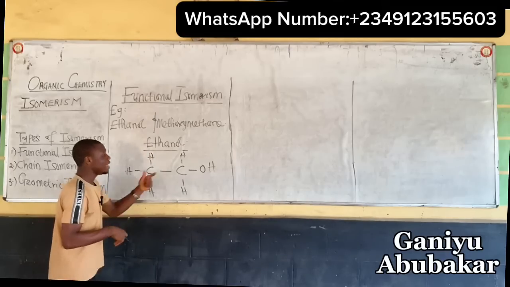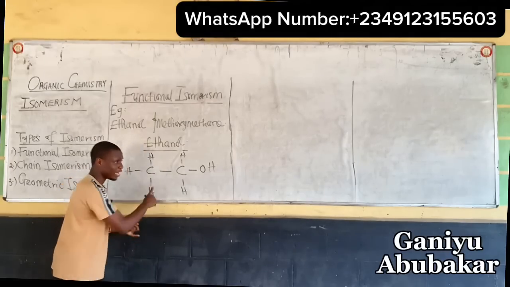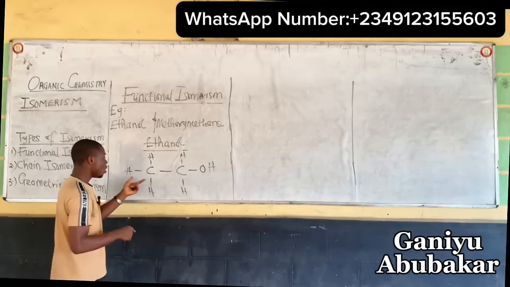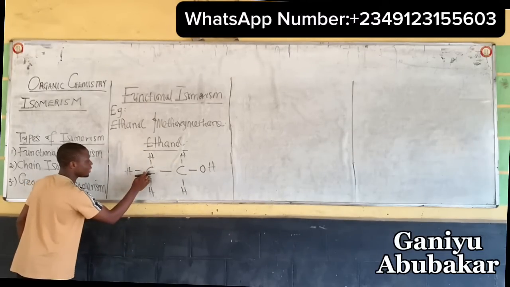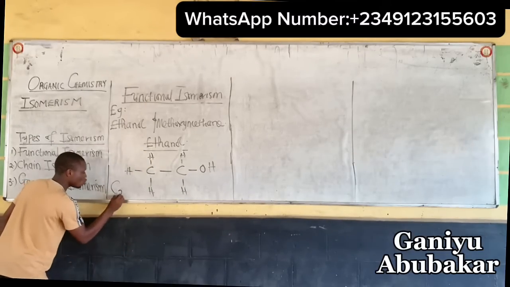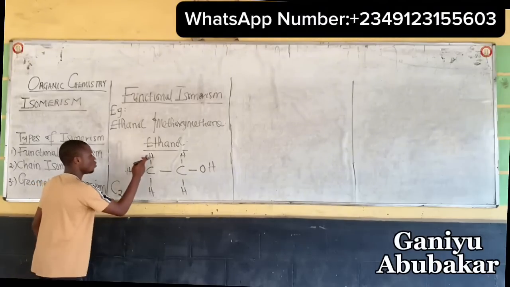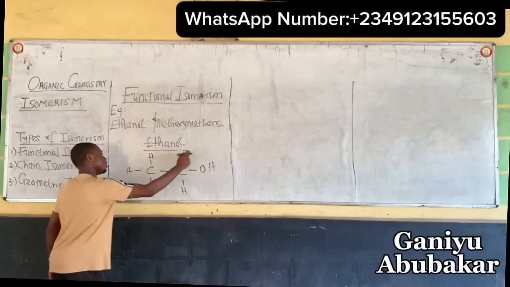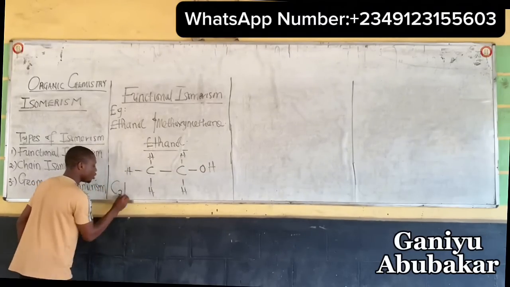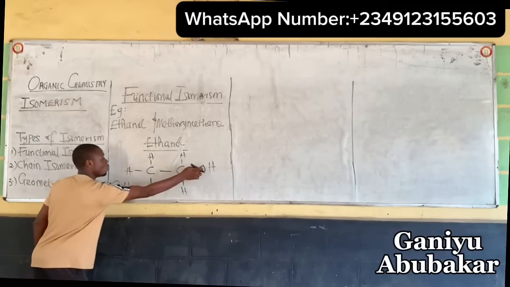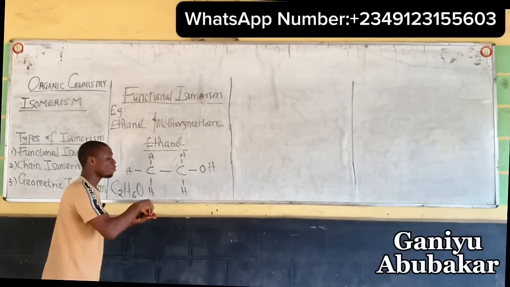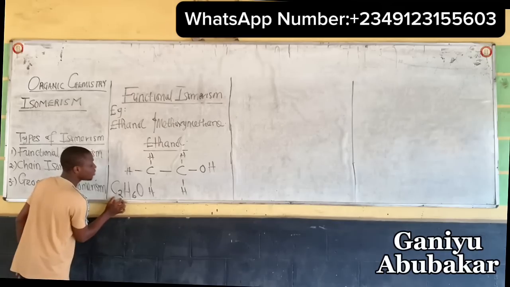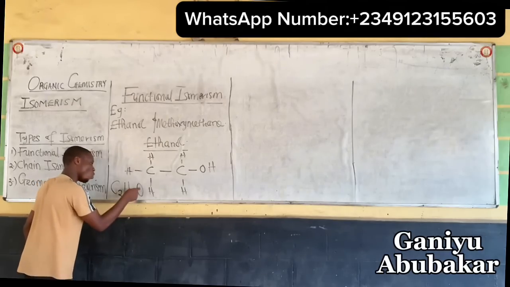Now listen. Let's get the molecular formula for ethanol and the functional group. It's clear here that the molecular formula for ethanol is, of course, how many C? 1, 2, I have C2. How many hydrogen? 1, 2, 3, 4, 5, 6. I have H6 and then 1 oxygen. So the general molecular formula for ethanol is C2H6O.